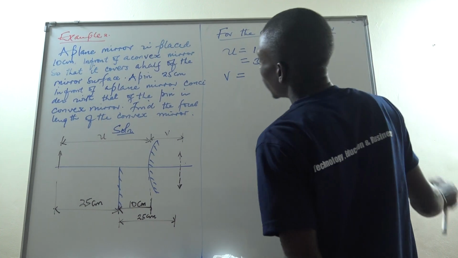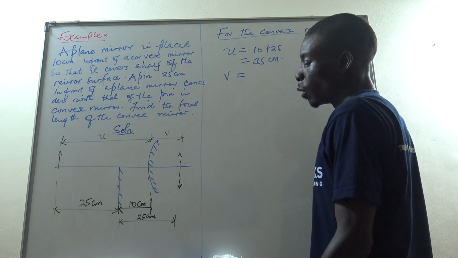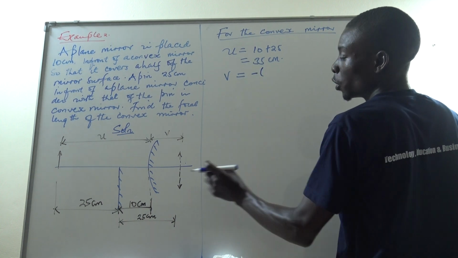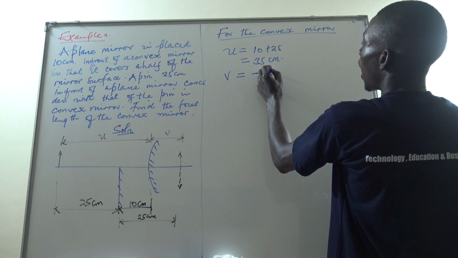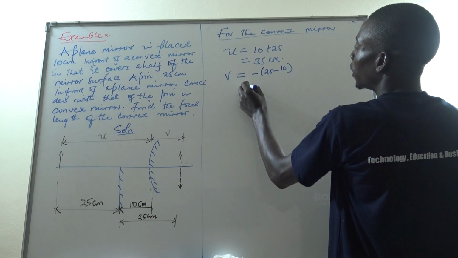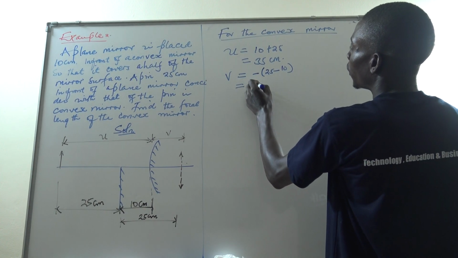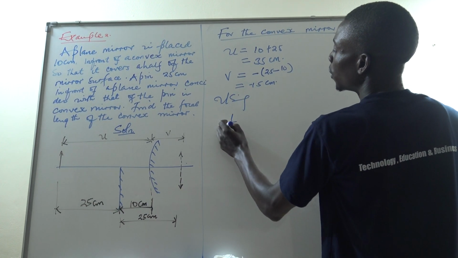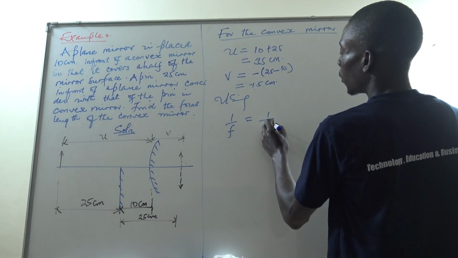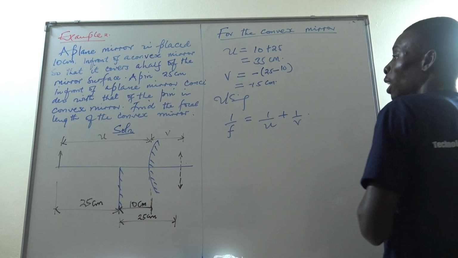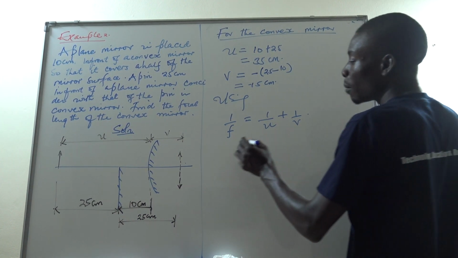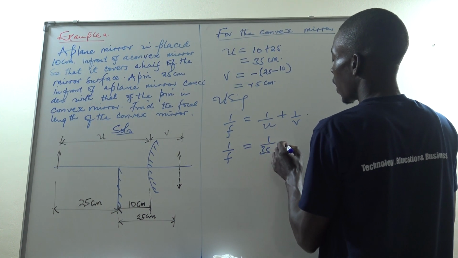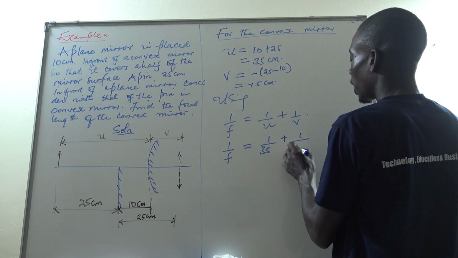And then V will be this distance here, and it will be equivalent to 25 minus 10, and then I'll remain with that. But it is a negative value because it is a virtual image. So it is 25 minus 10 to give me 15, but negative centimeters. And then I can now come and say, using 1/f = 1/u + 1/v. Okay? So what is my f that I'm looking for? It is 1/f equal to 1/u, we have already agreed it is 35, and then plus 1/(-15).